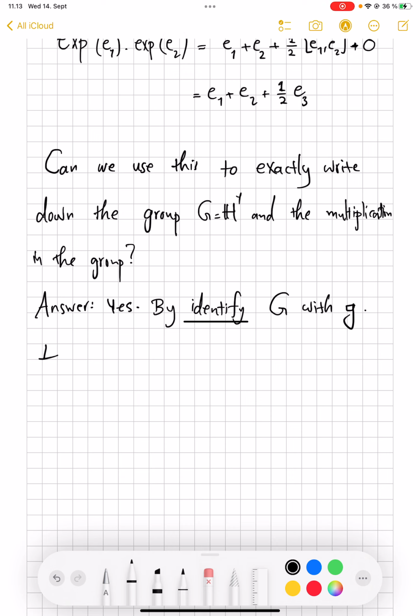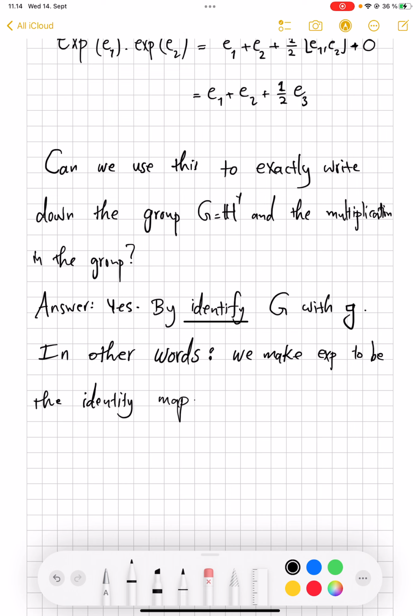But here you just make them superficially the same as sets. And the other way of looking at this will be that we make exponential to be the identity map.